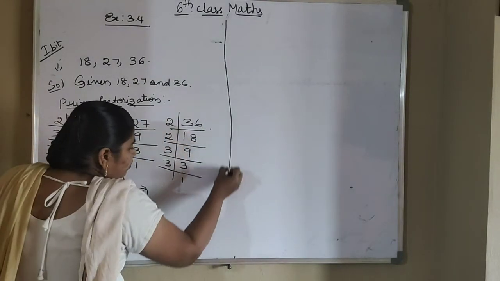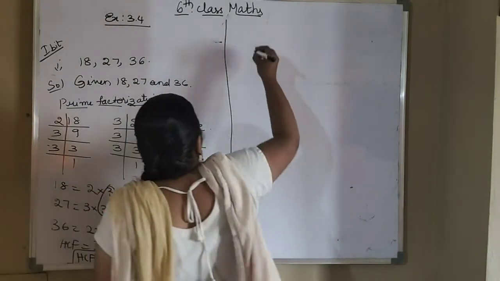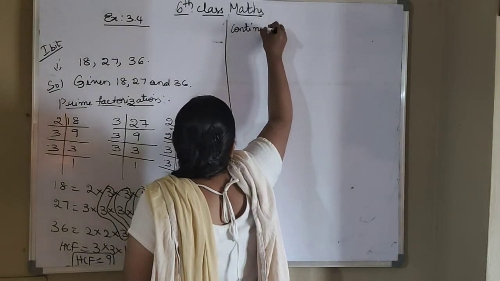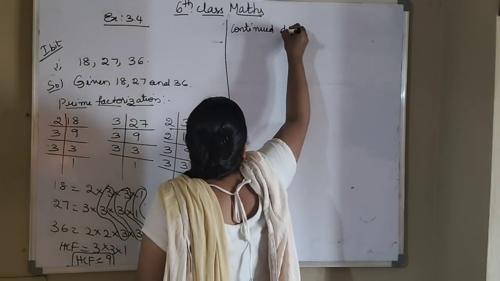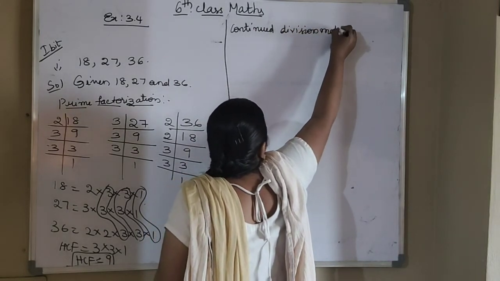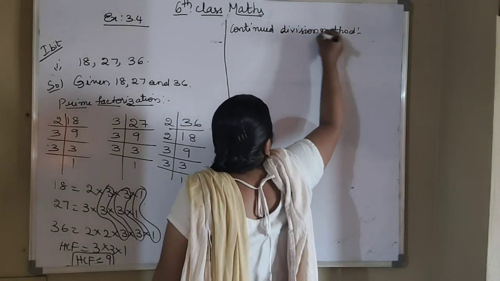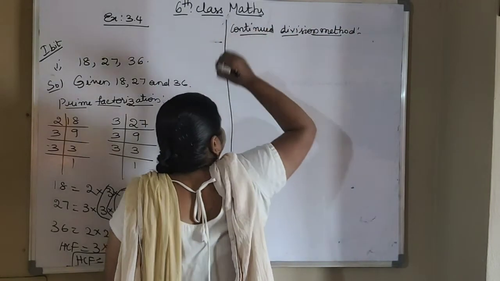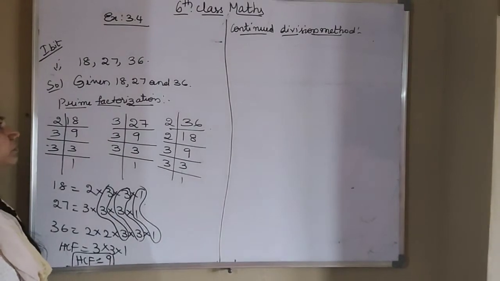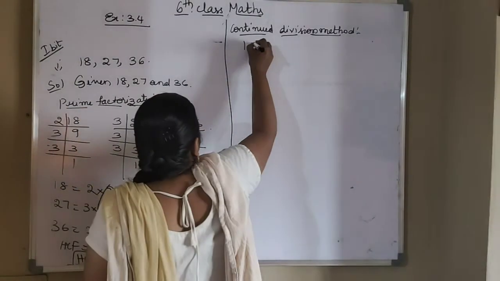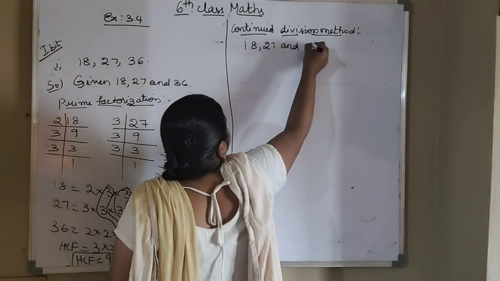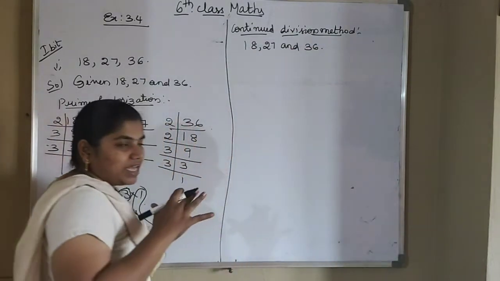Now we are doing it by using the continuous division method. So how to do this continuous division method, we will see. 18, 27 and 36. So we have to go in ascending order.